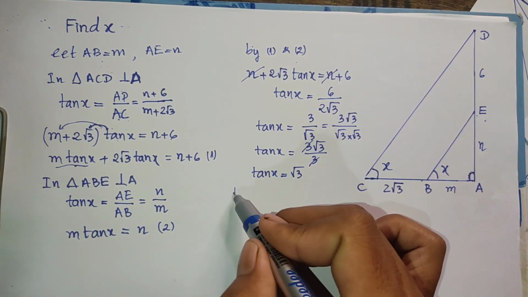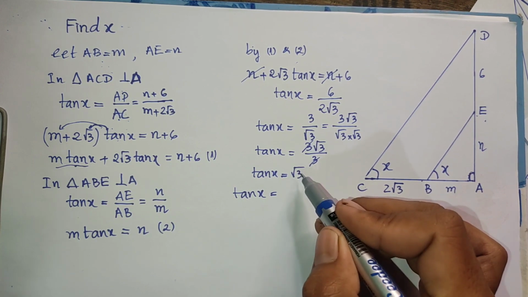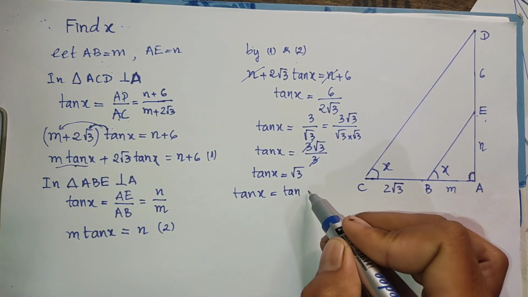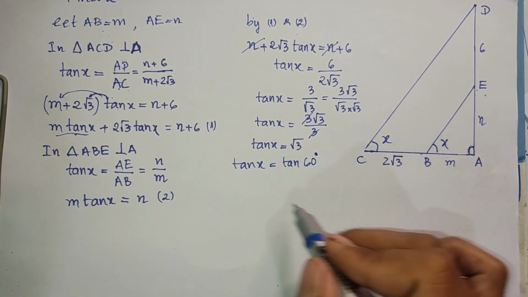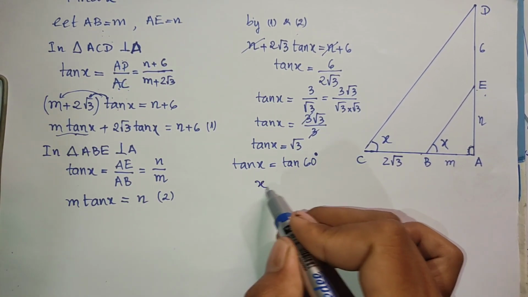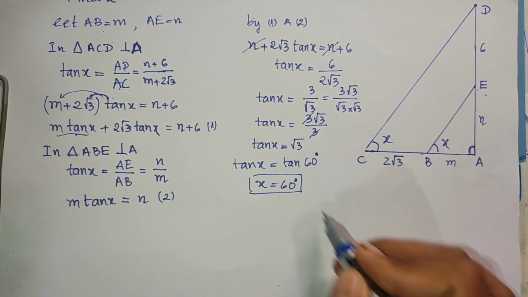So we know that tan h equal to square root 3 is equal to tan of 60 degrees. And so we get the value of h is equal to 60 degrees, and this is our solution.